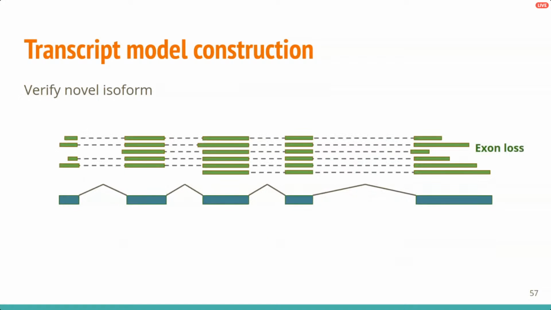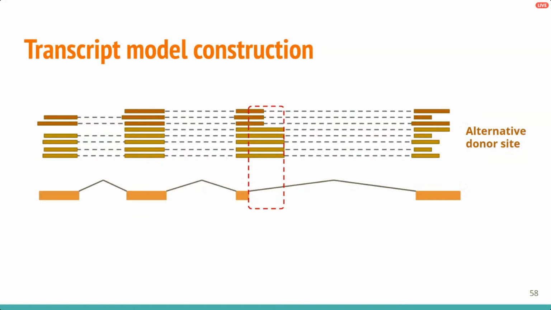Then we constructed that new transcript model, and we go back to our group of green reads, and we verify whether those reads really support this new isoform or not. If this new isoform has high support, depending on your settings, like 4 or more reads by default, we will output this isoform in the GFF file because we really trust it.